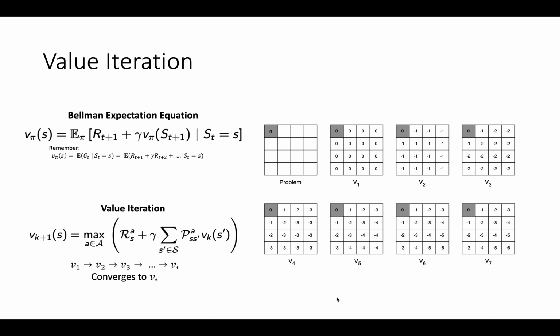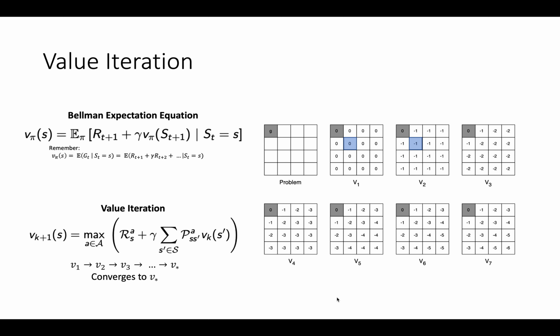And value iteration is described in the equation on the bottom left. Consider state S. We are updating its value to the value we get when we choose the best action. When we choose the best action, we get some reward and some value at the next state, and we add those together, and that's what we update the value at state S to be. Let's go over an example. On the right hand side, consider the square in blue.